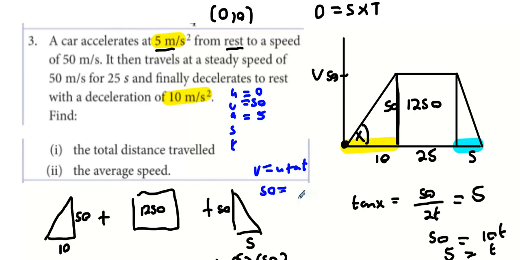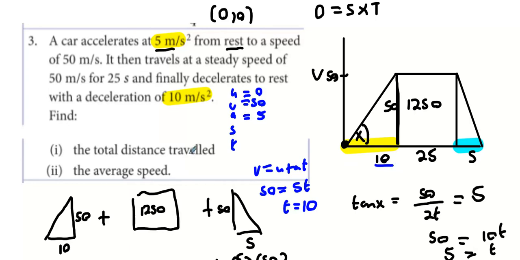Where 50 equals 5T. And then T will equal 10. 10 seconds for the first part. Everybody cool with that? So you could have used your formulas, but speed-time diagrams work out faster. They're much faster, so they're better in the exam. When you can use them, use them.